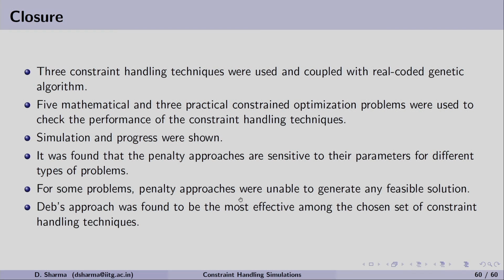Also, in some of the problems, these approaches found an infeasible solution, because the infeasible solution had better fitness than the feasible. So unless we are able to penalize the infeasible solution sufficiently, our penalty approach or constraint handling techniques will always be sensitive to the problem.